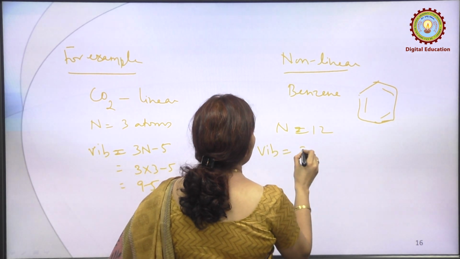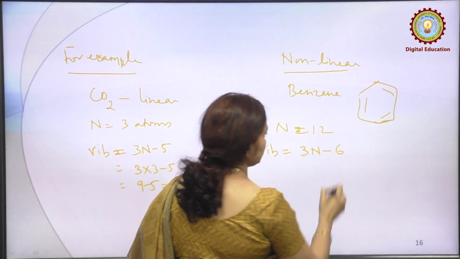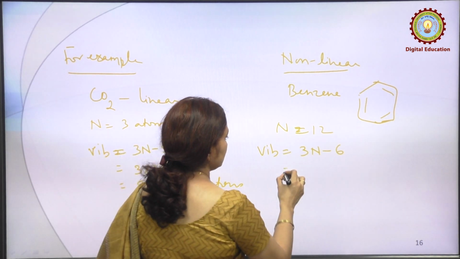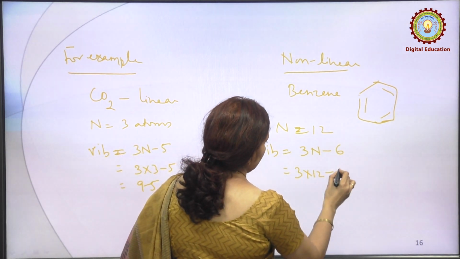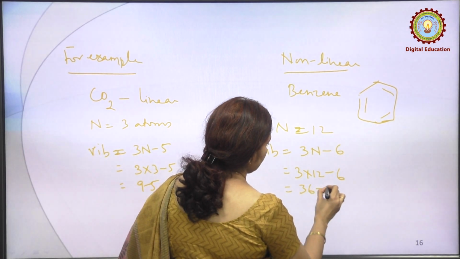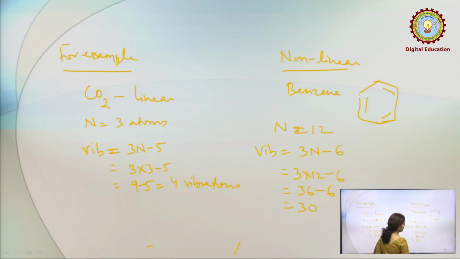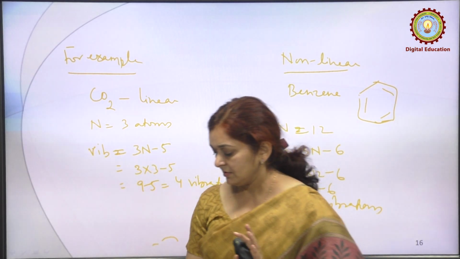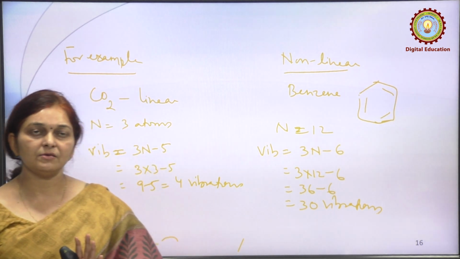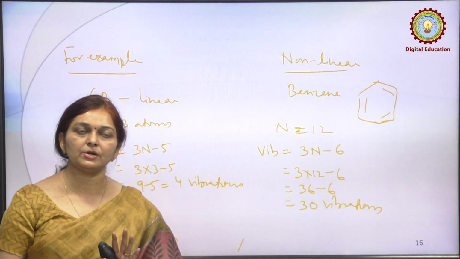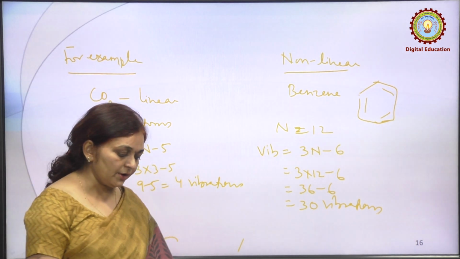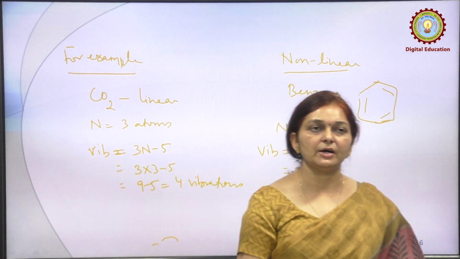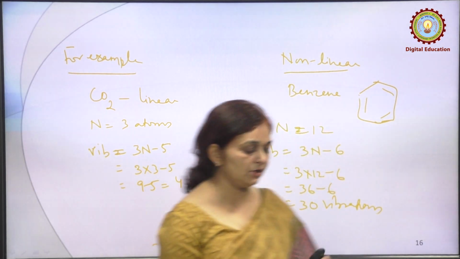With the help of the formula for molecular vibration, 3n minus 6, that is 3 into 12 minus 6, which is 36 minus 6, equals 30 vibrations in the case of the benzene molecule. So with the help of these linear and non-linear methods for calculating fundamental vibrations, you can calculate or infer the number of fundamental vibrations in any type of molecule.